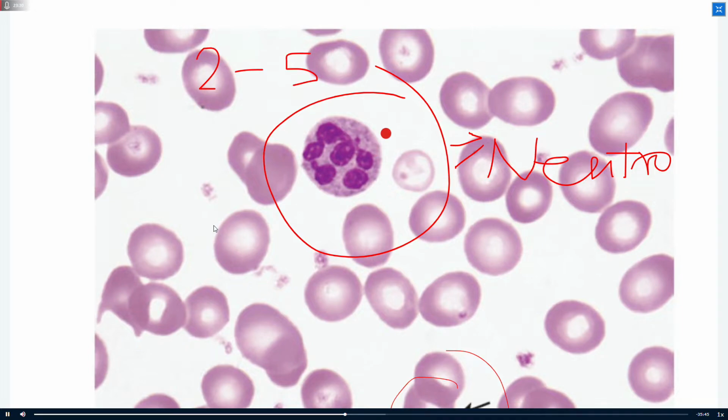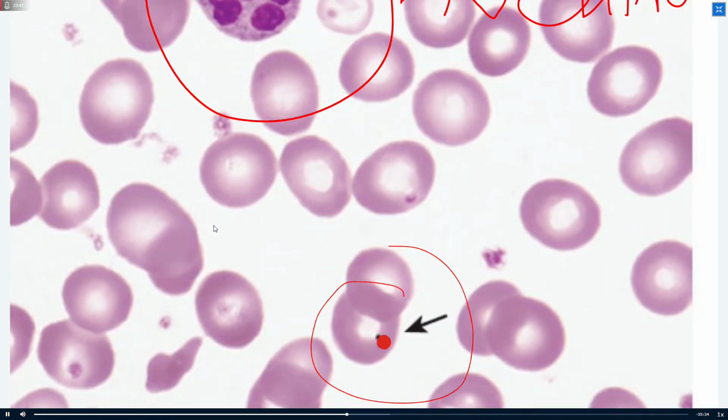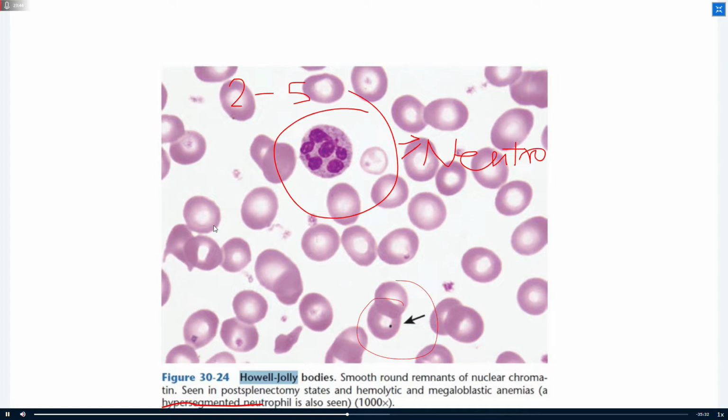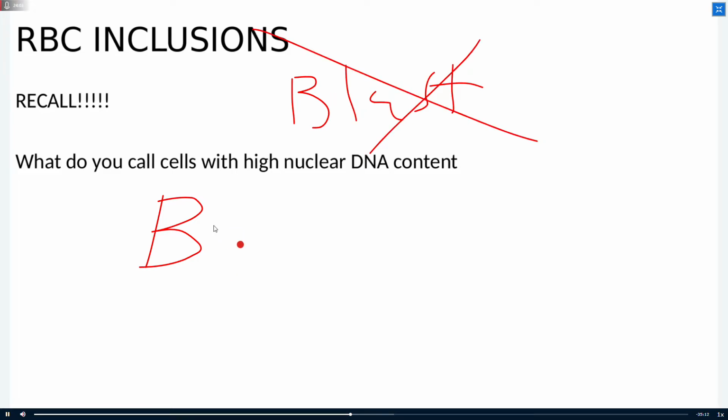So it has 6. So this is what you call, class, a hyper-segmented neutrophil. I will discuss that in the finals with the WBCs. So remember, class, Howell-Jolly bodies appear like that. Okay, what do you call cells with high nuclear DNA content? Starts with the letter B. Alright, so basophilic. Basophilia.